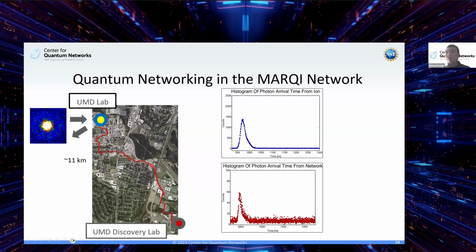Hopefully we can improve that by making better splices, or using a different fiber, when we actually send single photons down the Marquee network. So that's some experimental results of sending photons from a trapped ion quantum memory down a quantum network. Thank you.